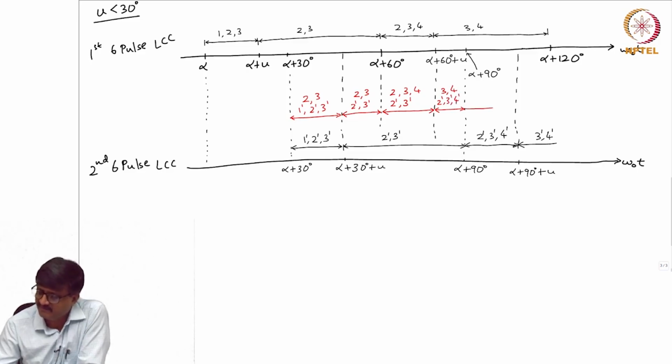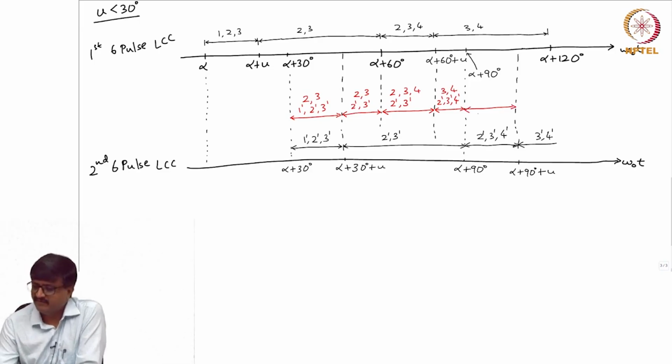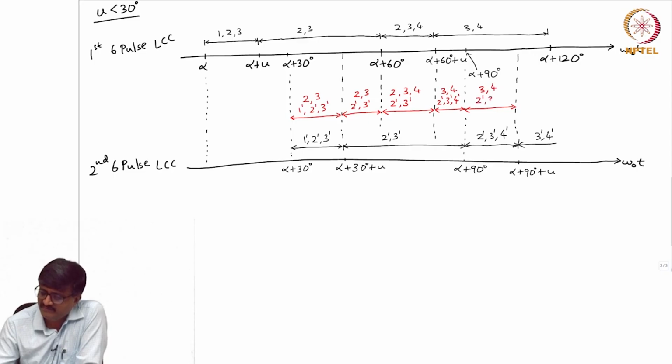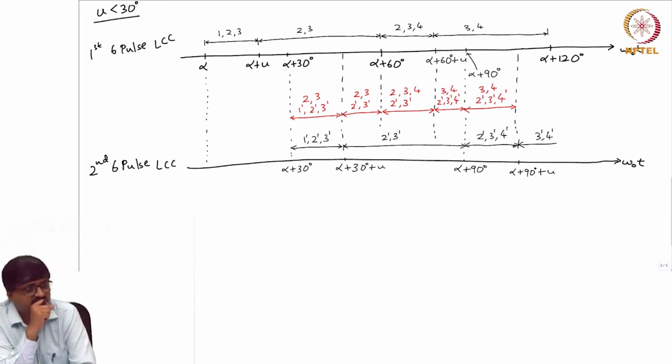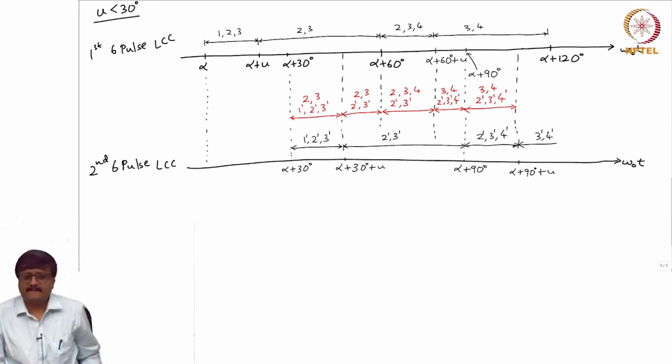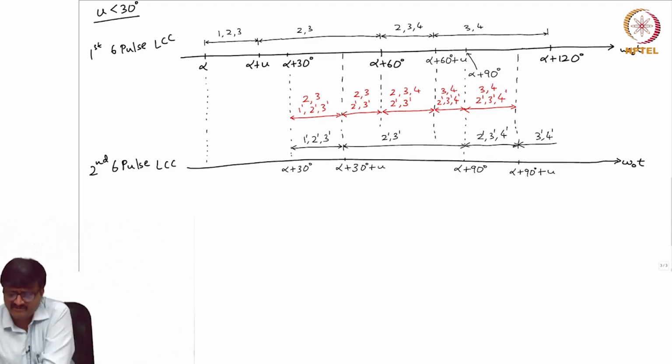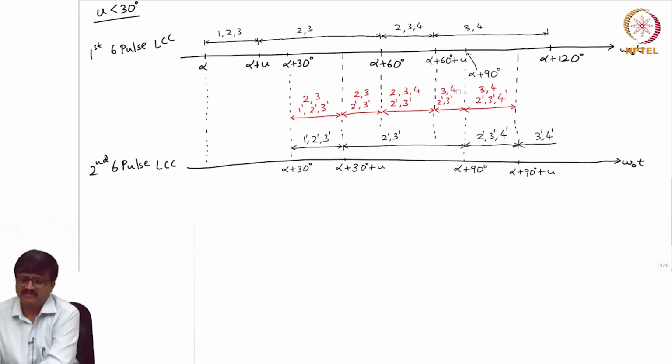Then alpha plus 90 degrees to alpha plus 90 plus u, 3, 4, 2 prime, 3 prime, 4 prime. I made a mistake here. Sorry. So, from alpha plus 60 plus u to alpha plus 90, it is 3, 4, 2 prime, 3 prime.